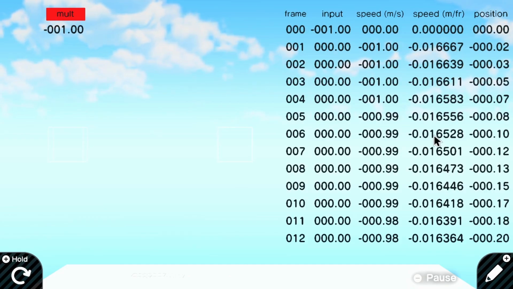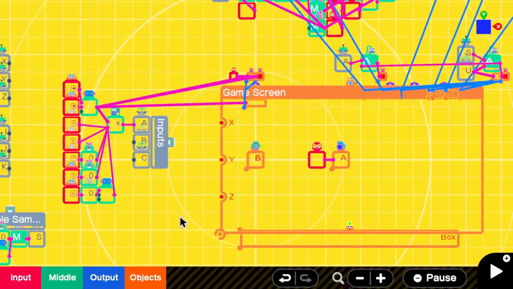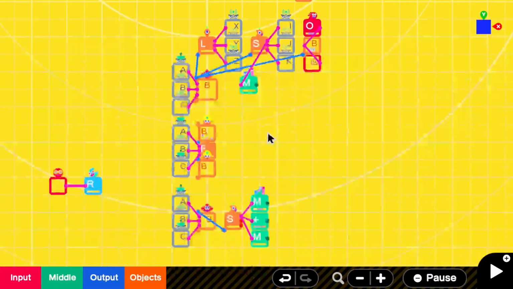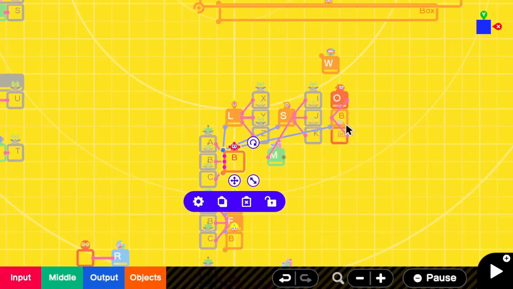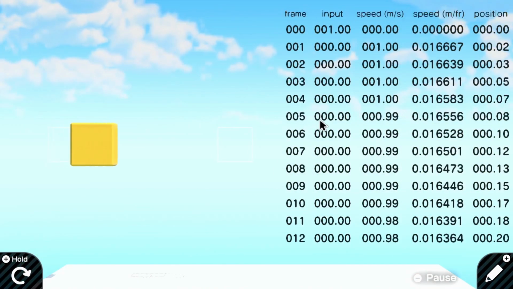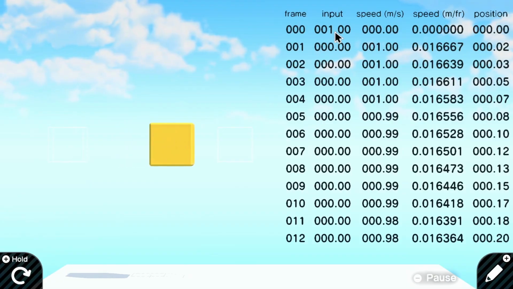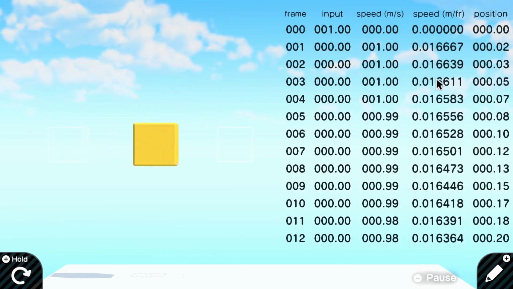Now, let's try to understand how the speed moving object works. So if we take the speed moving object and try it again, here if we just send an input of 1 for 1 frame, it looks exactly the same as the acceleration nodon.